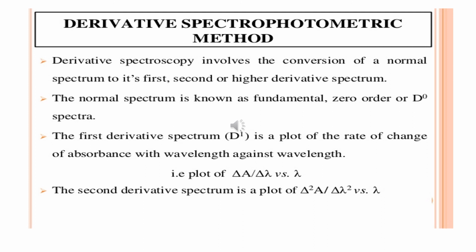The first derivative spectrum, D1, is a plot of the rate of change of absorbance with wavelength against wavelength, that is, a plot of delta A divided by delta lambda versus lambda. The second derivative spectrum is a plot of delta 2A divided by delta lambda square versus lambda.